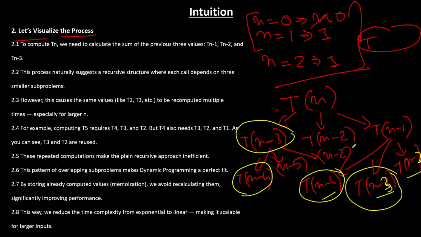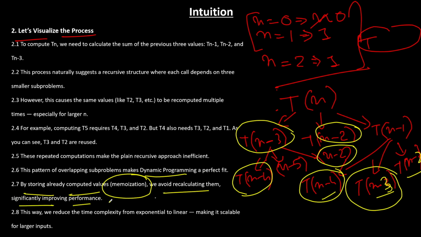And here t of n minus 2 and t of n minus 2 is repeating. So we have repeating sub problems. To avoid that, we will be using dynamic programming, as I explained earlier. By storing already computed values, which is memoization, we avoid recalculating them, significantly improving the performance. This way we reduce the time complexity from exponential to linear, making it scalable for larger inputs.